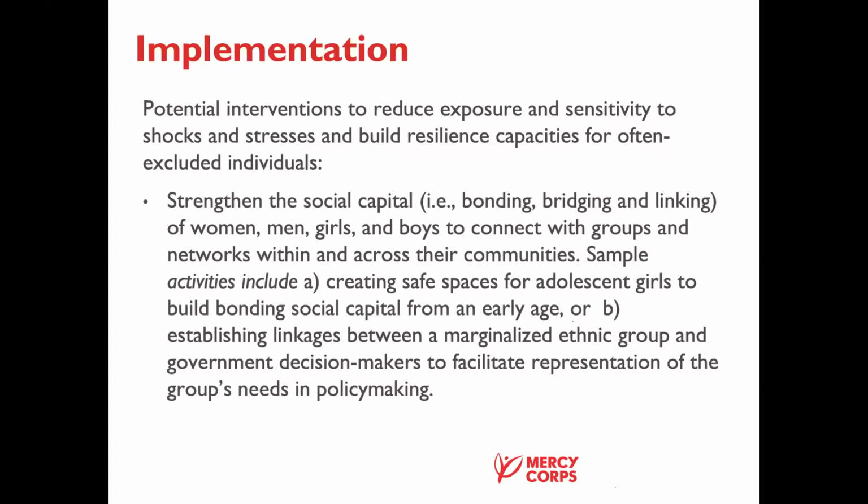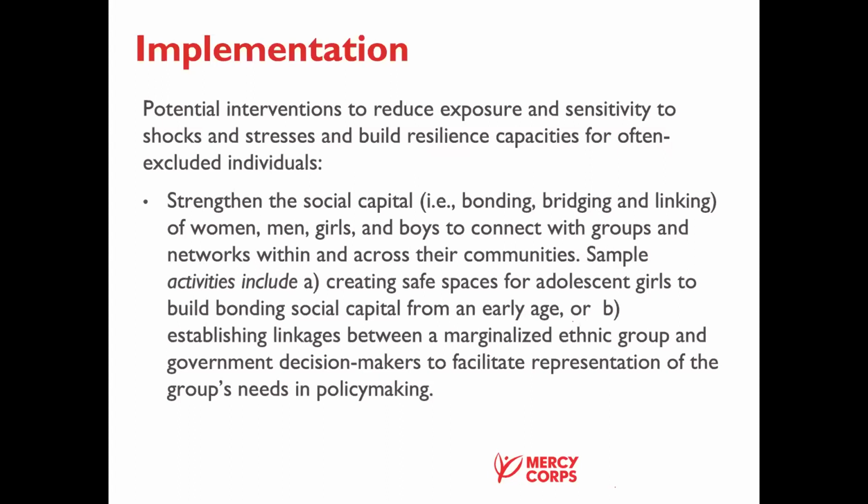One of them is to strengthen the social capital, that is bonding, bridging, and linking, often of women, men, girls, and boys, to connect with groups and networks within and across their communities. Some sample activities are creating safe spaces for adolescent girls to build bonding social capital from an early age, because we realize that in times of shocks and stresses, social capital becomes a very important place where people are able to draw from.